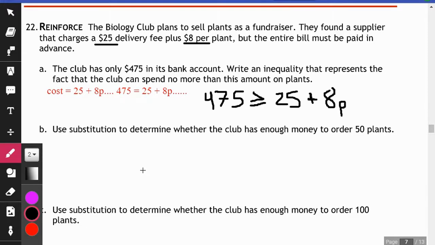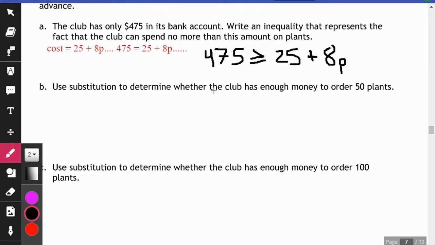All right. We use substitution to determine whether the club has enough money for 50 plants. Let's find out. We're going to take this and put it down there. We're going to say, well, for 50 plants, right? 475 should be more than or equal to 25 plus 8 times 50.